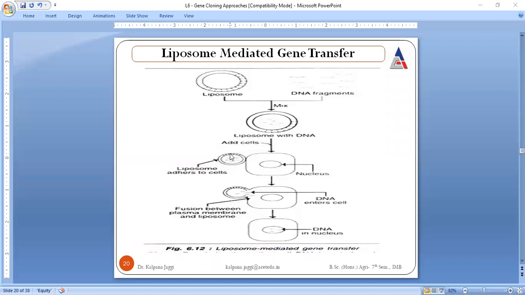So this will adhere itself to the surface of the protoplast. Later on, as a process of endocytosis, this membrane will form a round circle around it, and it will release the DNA it combined in the very first step. It will be transferred into the host cell, right? And the DNA finally goes into the nucleus.